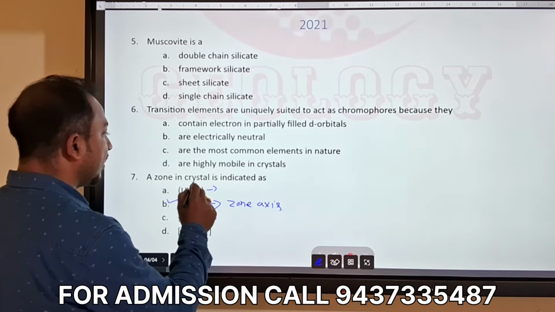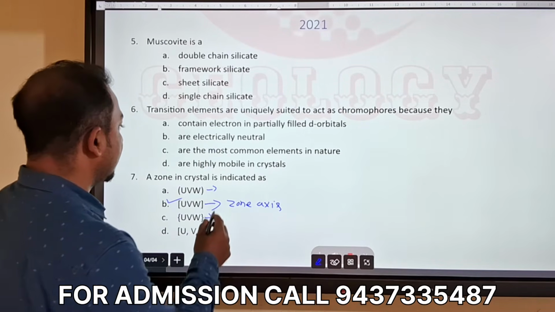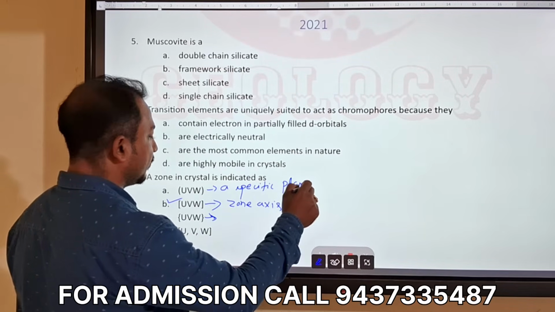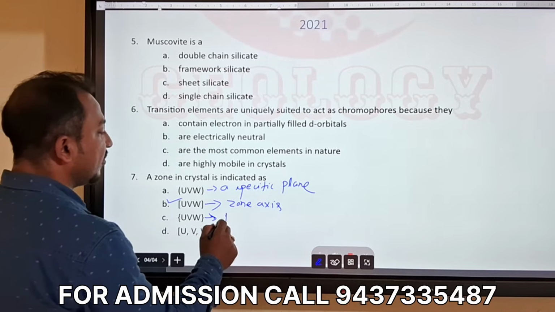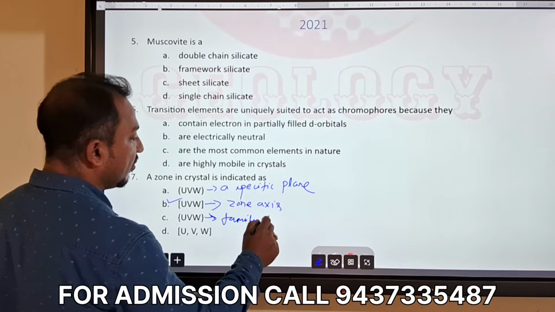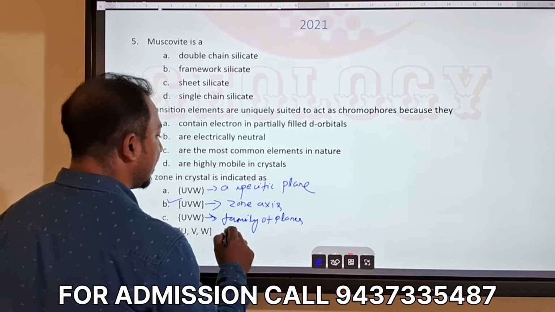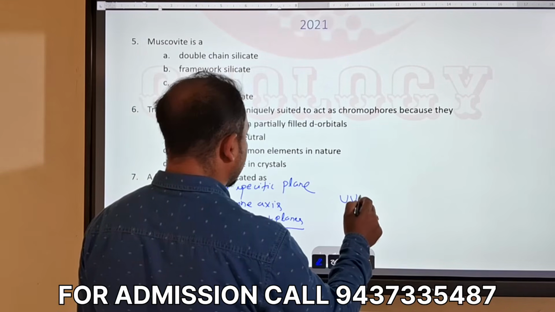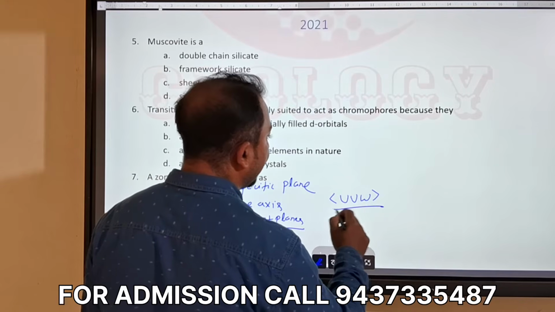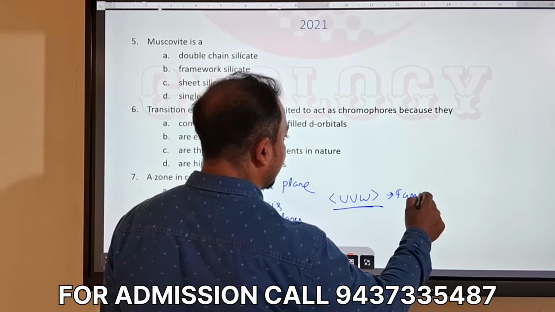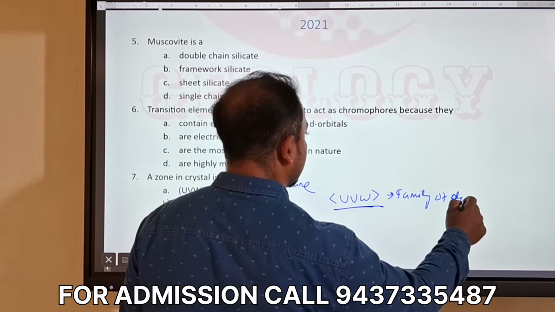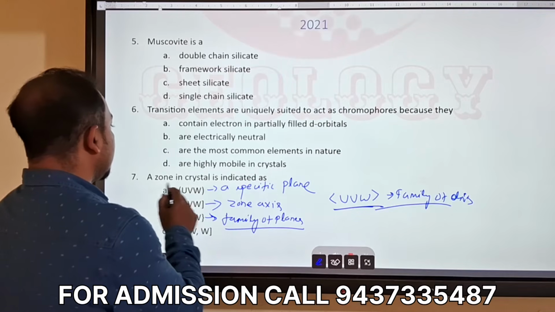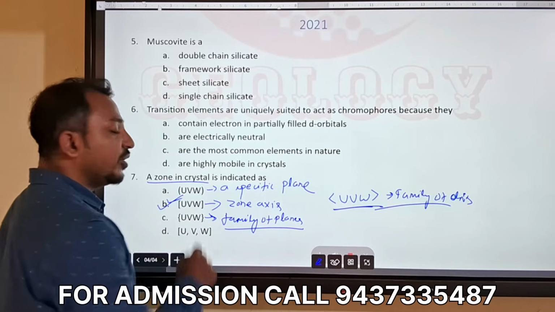Then a round bracket indicates a specific plane, a curly bracket indicates a family of planes that are symmetrically related, and an angle bracket indicates a family of directions that are symmetrically related. So here the answer will be [UVW] in square brackets.